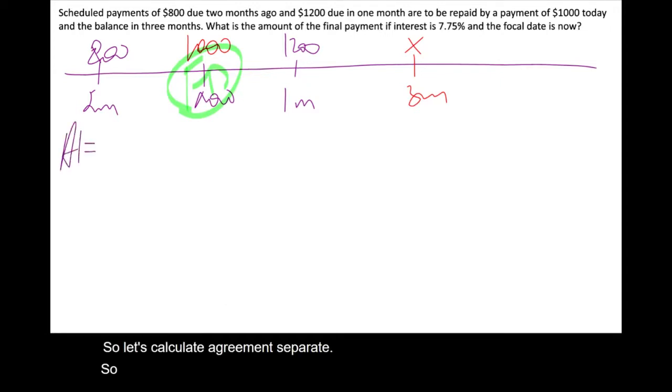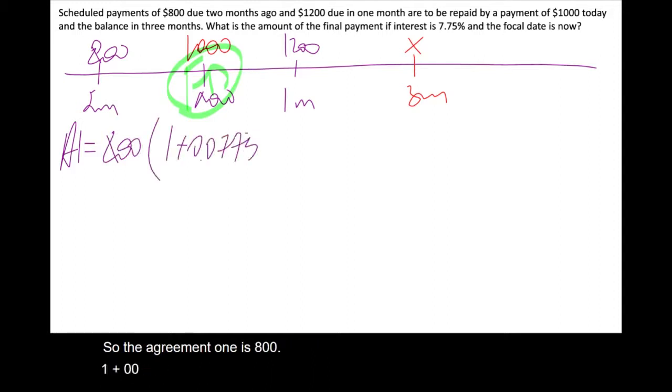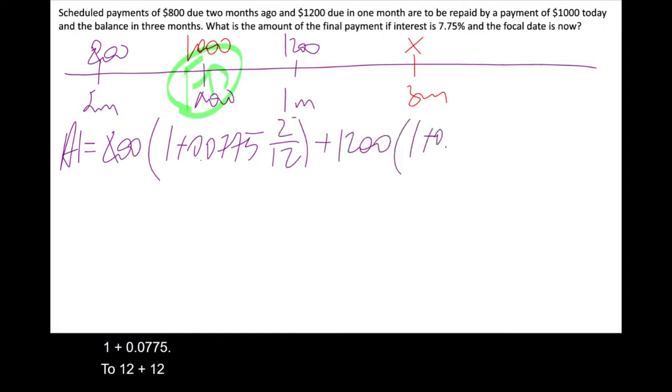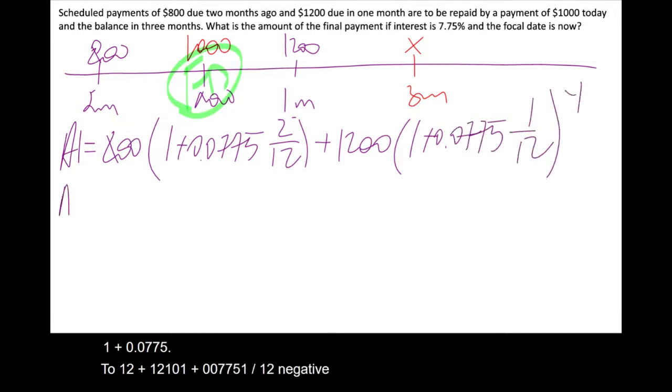That's the focal date. So let's calculate the agreements separately. Agreement 1 is 800 times (1 plus 0.0775) to the power 2 over 12, plus 1200 times (1 plus 0.0775) to the power 1 over 12 negative 1.